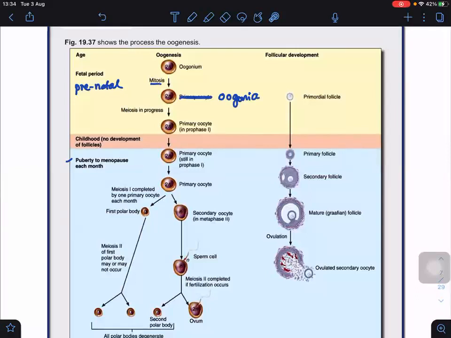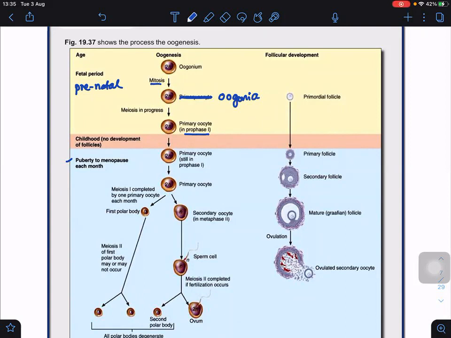When meiosis starts, the oogonia develop into the primary oocyte, but they stop at prophase 1. Always remember, the female oogenesis process is not a continuous process. Why do females have a limited number of oogonia?